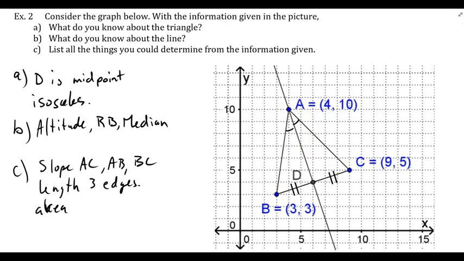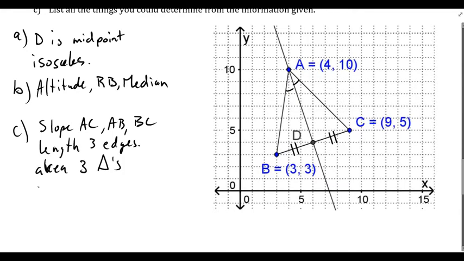So there's area of the 3 triangles. Good. What else? Perimeter. Nice. Perimeter of everything, I guess. Right? Yep. So perimeter times 3. Perimeter of the big triangle and the 2 small triangles. What else? There's more.